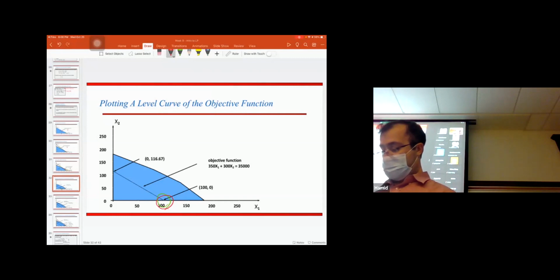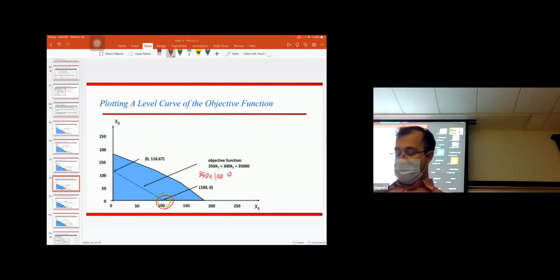So x2 would be 0, x1 350 times 100. And you can just plug in other numbers that are located in your feasible region.